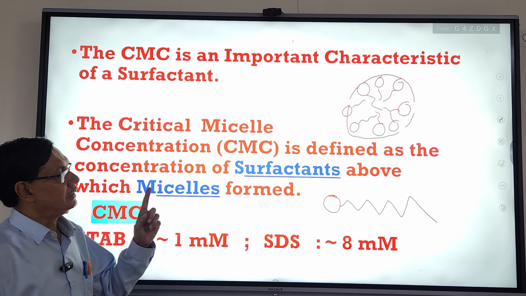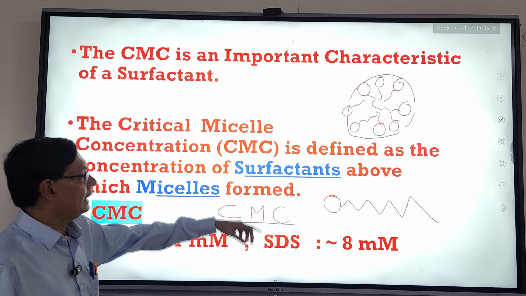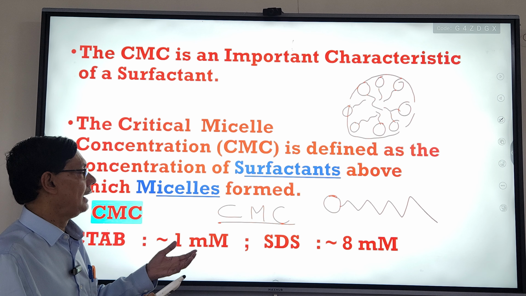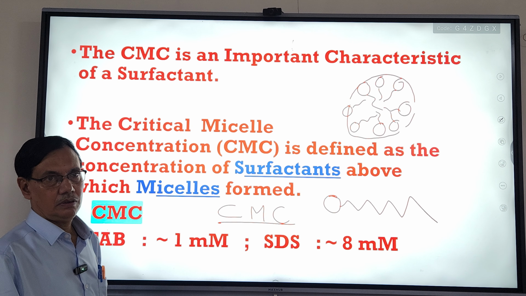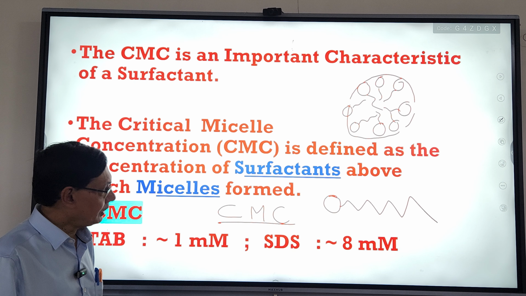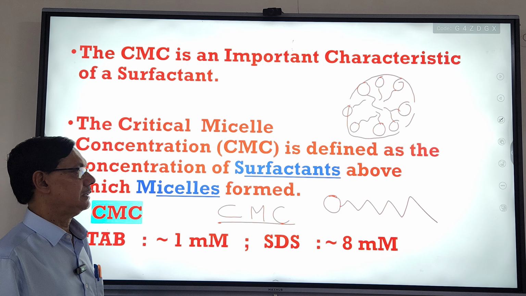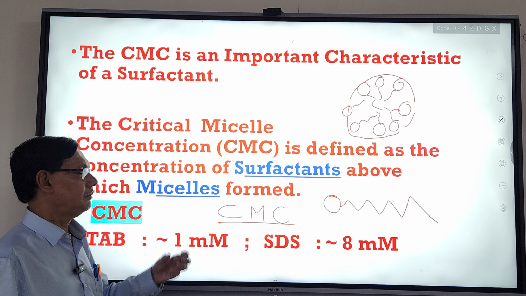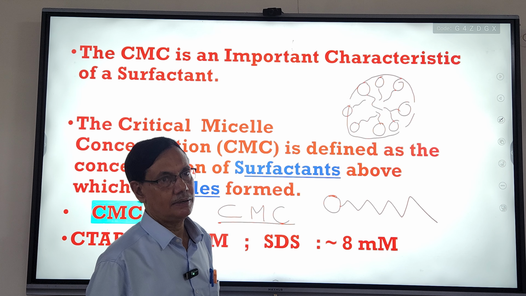That is the definition of the critical micelle concentration. And it is a surfactant, that means it is a surface active reagent. If you study surfactant chemistry, it has tremendous properties and tremendous applications in chemistry, but it generally decreases the surface tension of water.